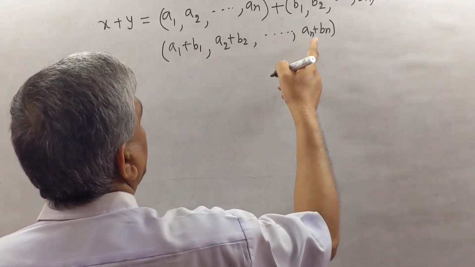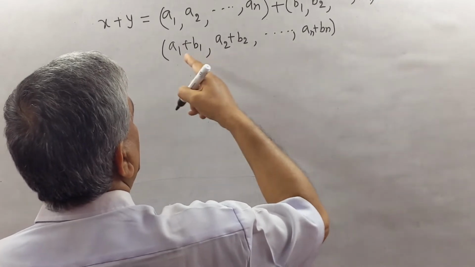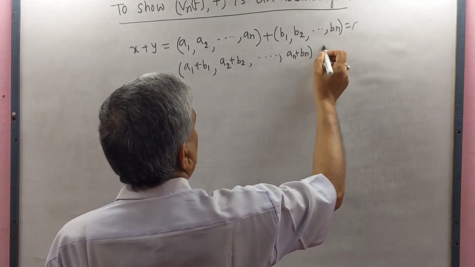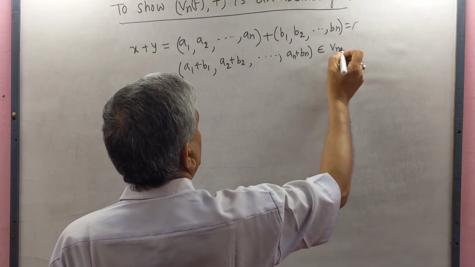This is an ordered n-tuple. So this belongs to V_n(F).